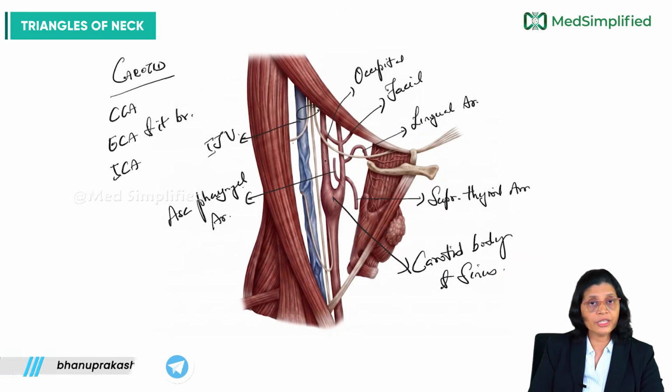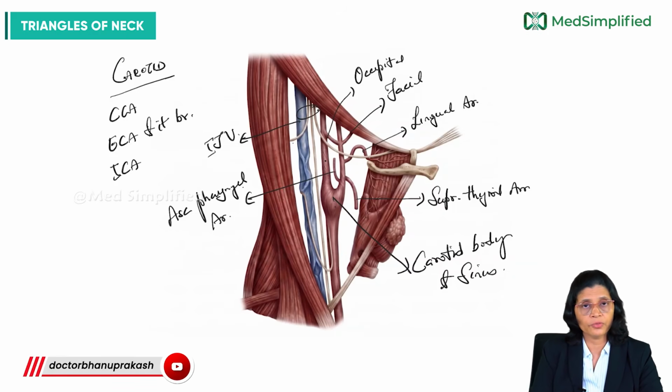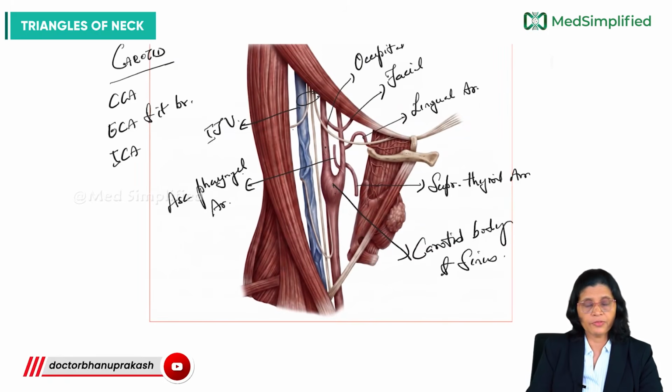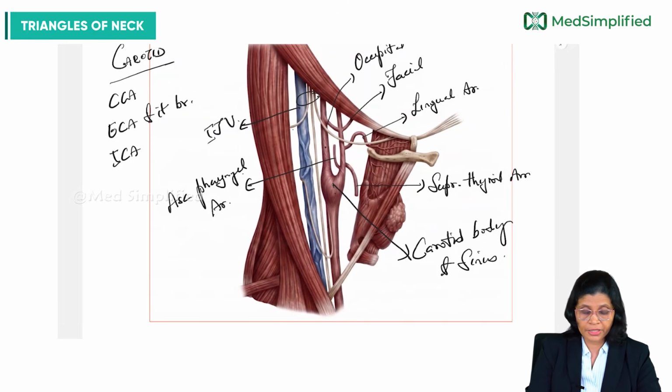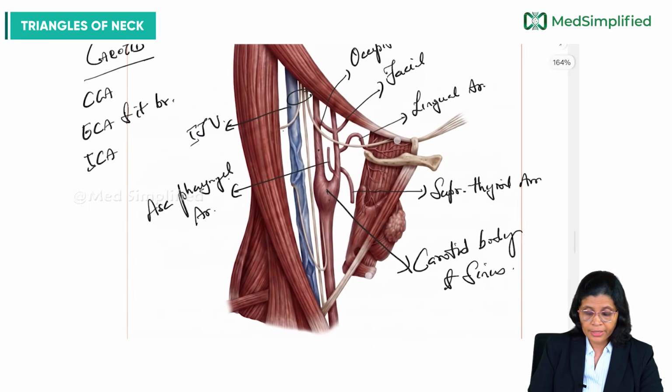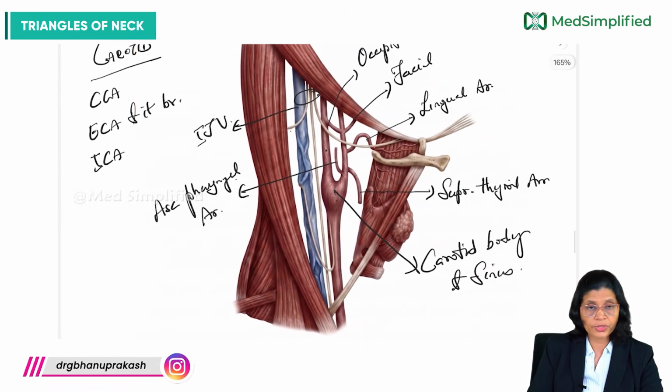Then the carotid sheath encloses the carotids, the internal jugular vein as well as the vagus nerve, and on the anterior wall of the carotid sheath we also see the ansa cervicalis. Along with this we will also see the deep cervical lymph nodes and the deep cervical part of the sympathetic chain. They all form the contents.